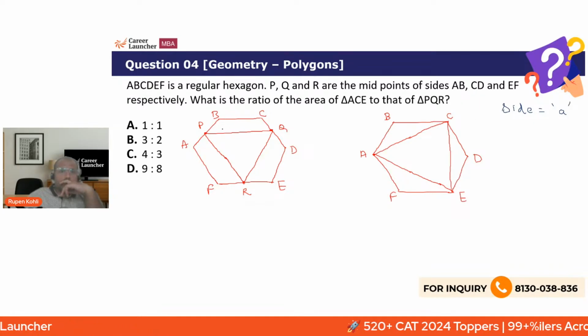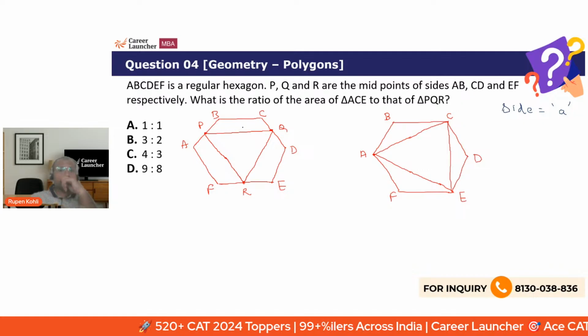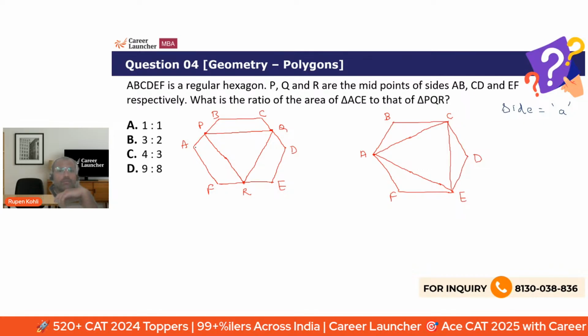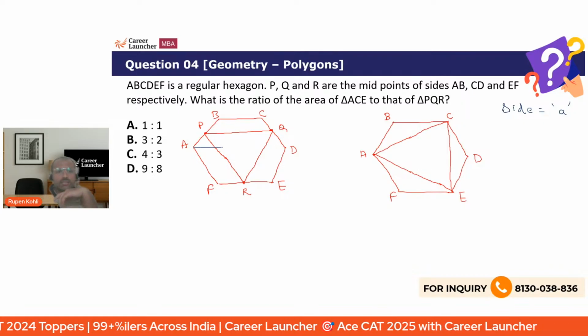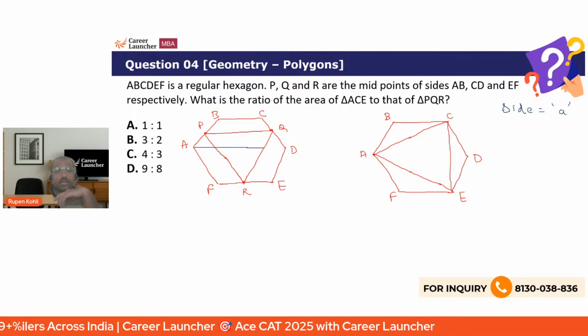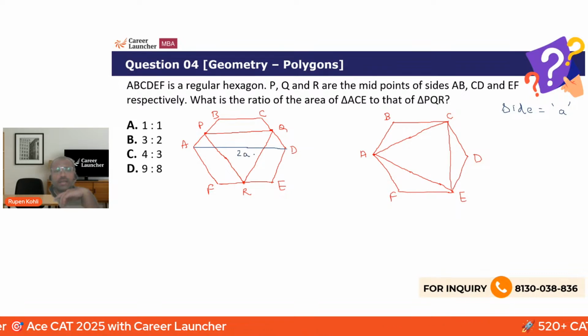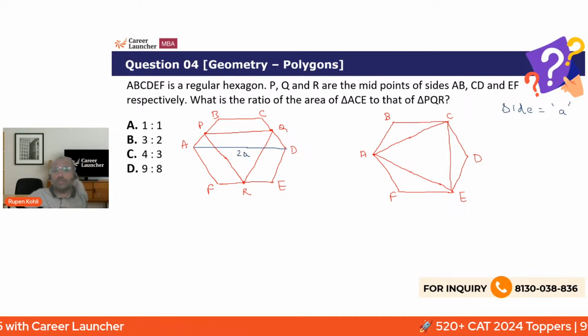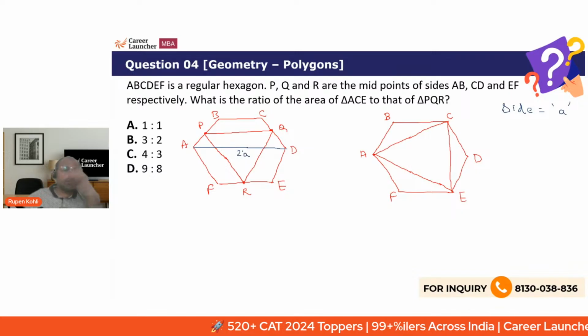Okay, as far as this triangle PQR is concerned, what I would do is connect this diagonal AD, the longer diagonal AD. All of us know that this longer diagonal AD has a length which is twice the side length of the regular polygon, right?